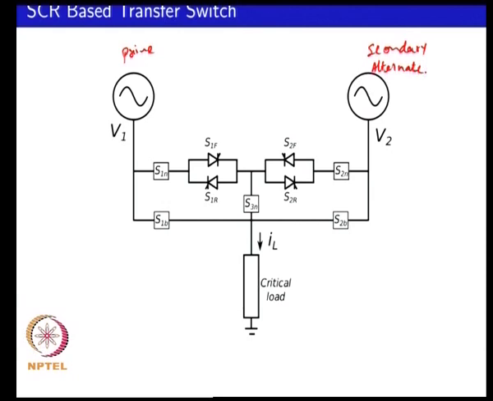And in typical transfer switches, you might also have some additional switches for normal operation and for bypass operation. For example, under normal operation, your switches S1n, S2n and S3n would be on.